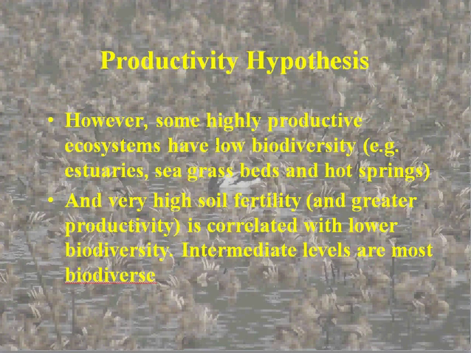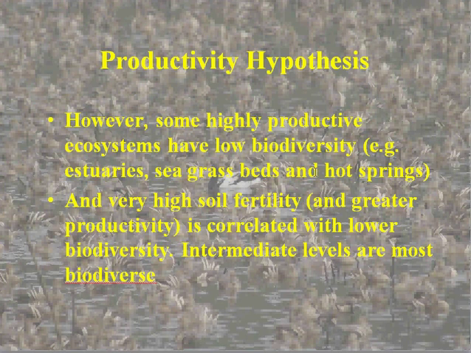I mean, estuaries are very saline, seagrass beds grow underwater, hot springs are at the bottom of the deep blue sea, so they also spit out a cocktail of chemicals which are used by the primary producers. Okay, so they're challenging environments, and even though they are highly productive, they have not got large numbers of species.